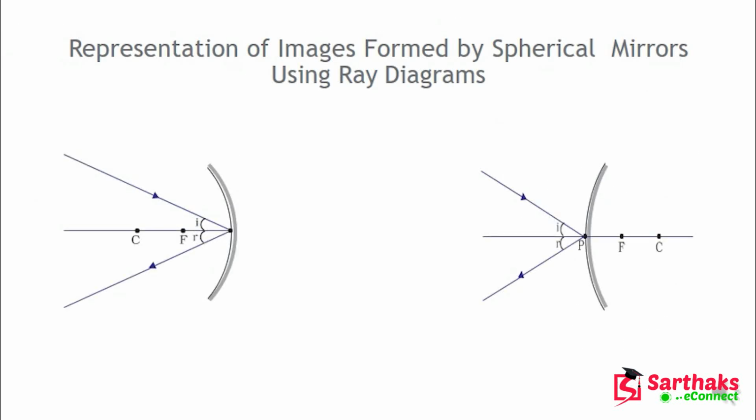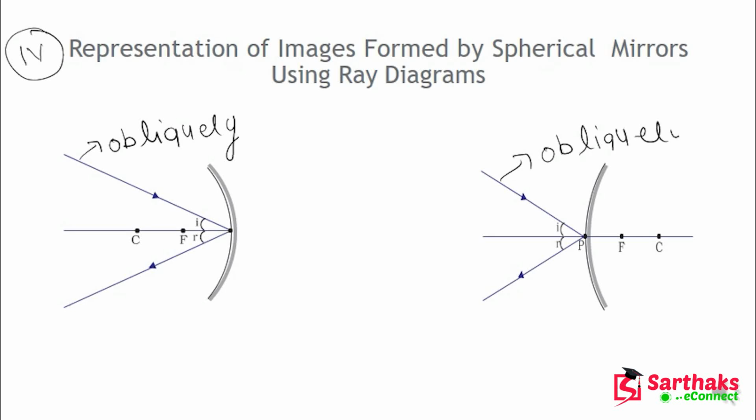So guys, according to this, this is our rule number 4. According to this rule, whenever a ray strikes a concave or a convex mirror obliquely at its pole, this is our pole P, this is also pole P, it is reflected obliquely, making the same angle with the principal axis.